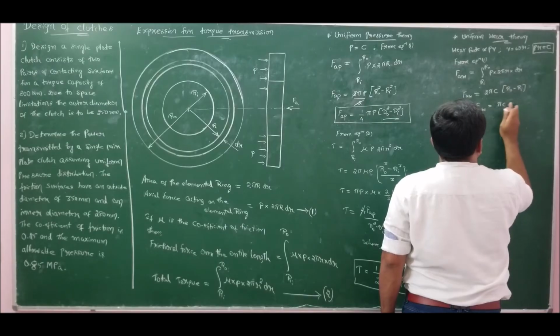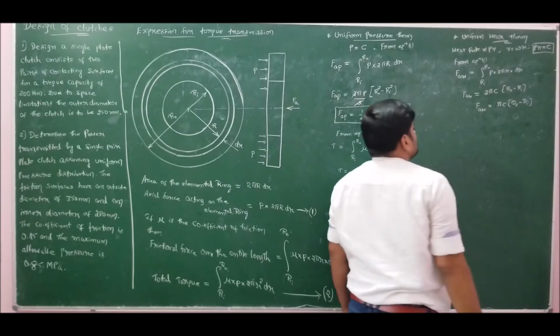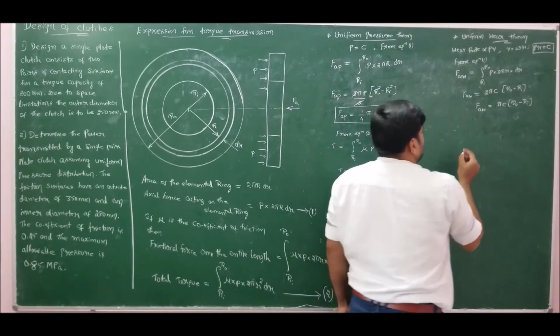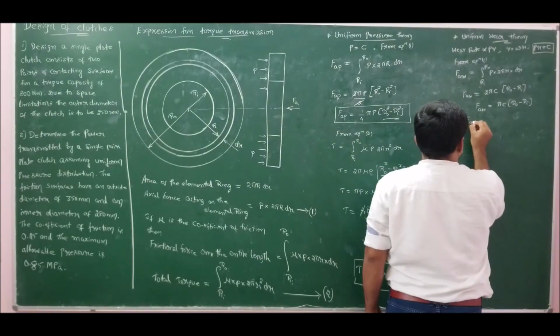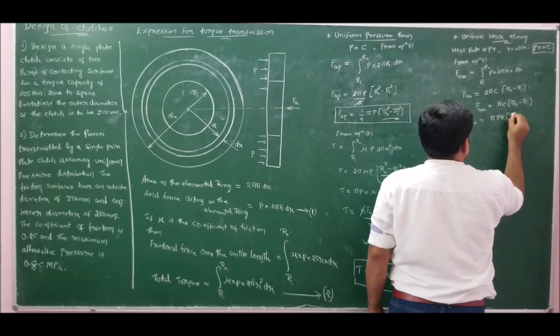C is representing pressure into radius. So hence I can write it as d0 minus di. So the final expression will be FAW is equal to pi times C, constant standing for pressure into radius, times d0 minus di.